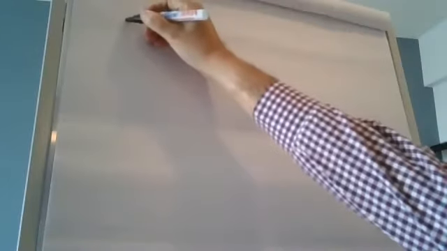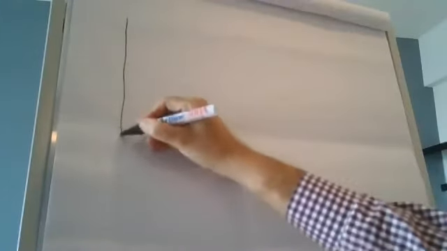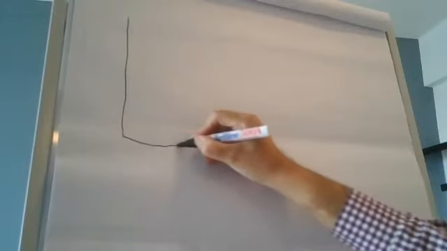Okay, we do this in the form of a graph. Okay, this is a graph of the predator-prey relationship.